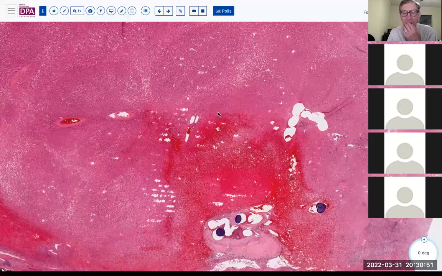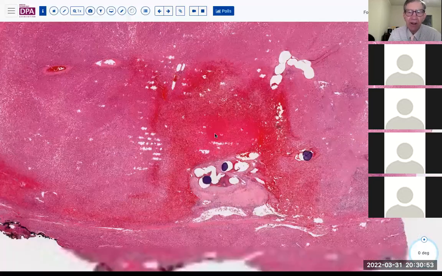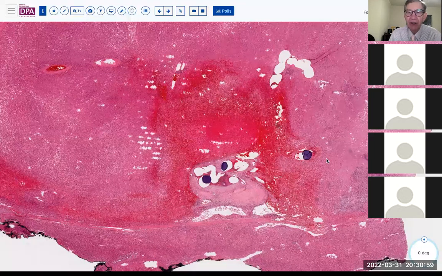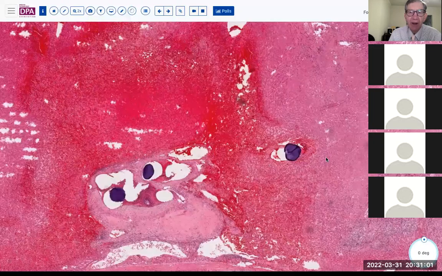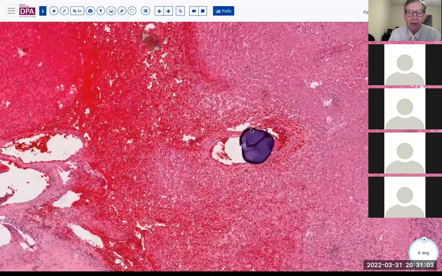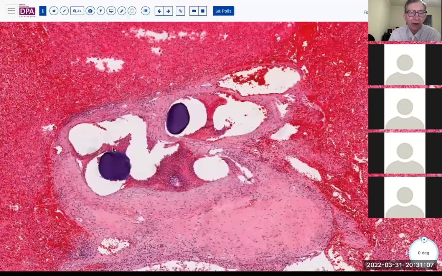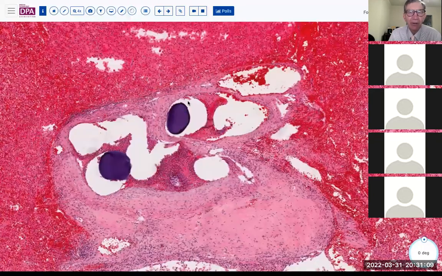Now, in some circumstances, if you have an aggressive radiologist who's very good with interventional angiography, you may see material like this. Does anybody know what this material is? It's purple blobs. This is polyvinyl alcohol.